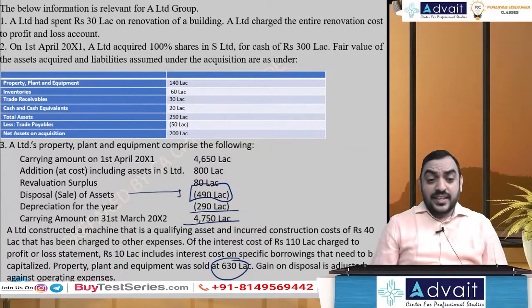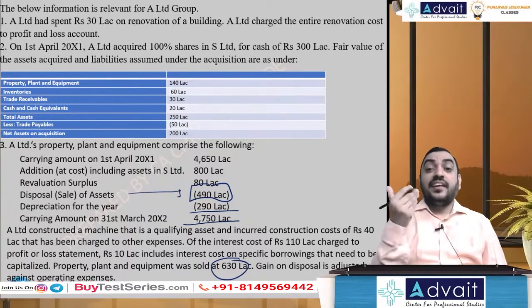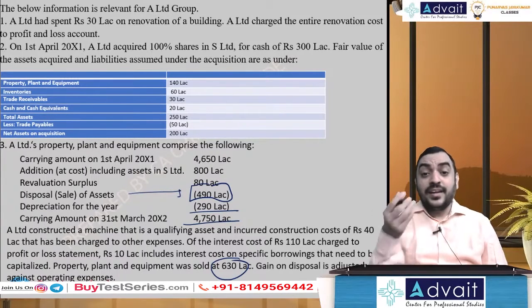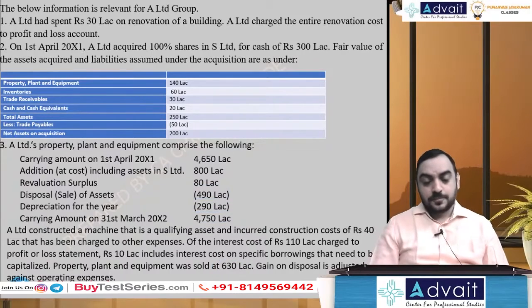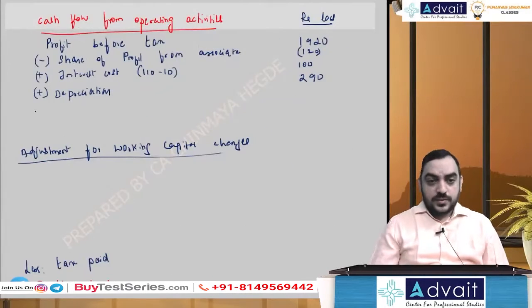They said adjusted against operating expenses, but anyway, don't worry. It would have been taken to the P&L account as an addition because of profit. So to eliminate, we need to subtract. So minus gain on disposal.